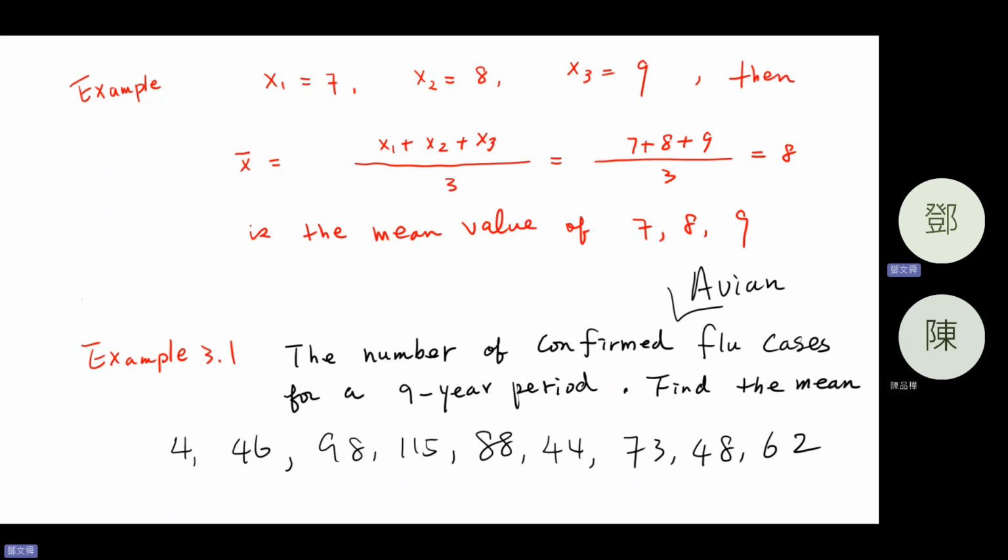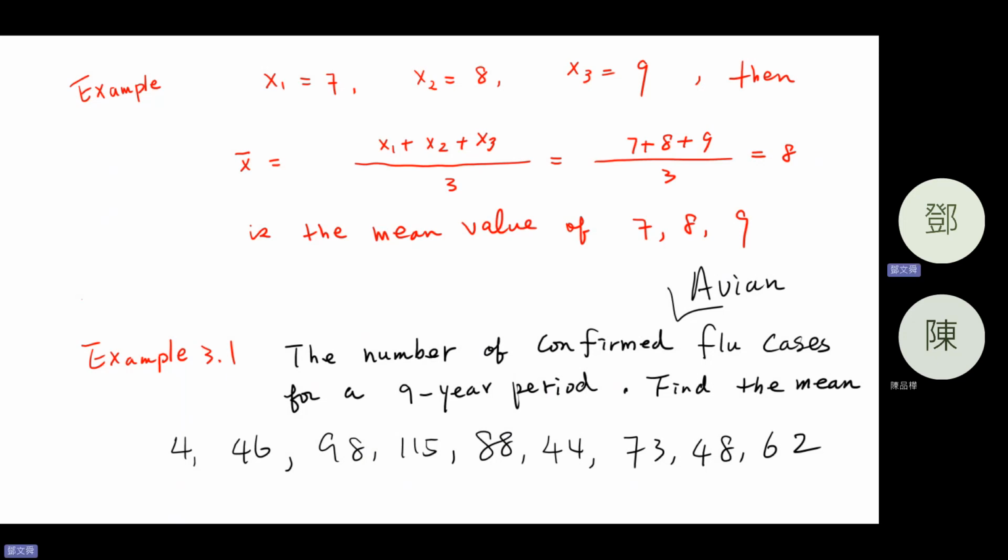Avian flu is a virus that comes from birds or chickens, some animal that can fly. That's avian flu, 禽流感. Okay, 9-year period. The first year there are 4 cases, 46 cases, 89 cases, 98 cases, and so on.